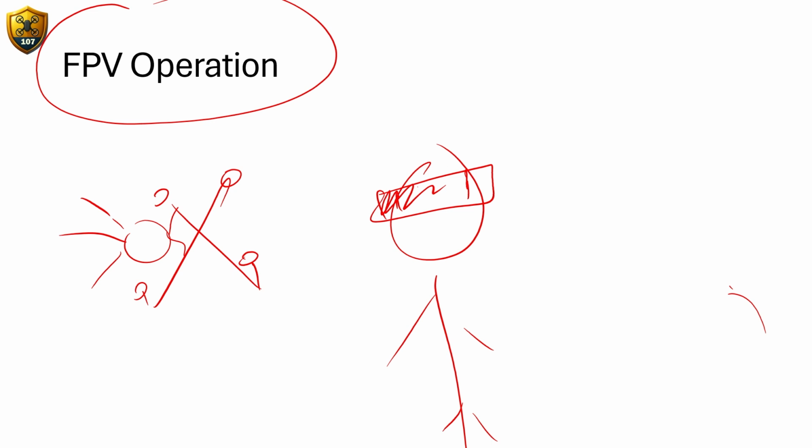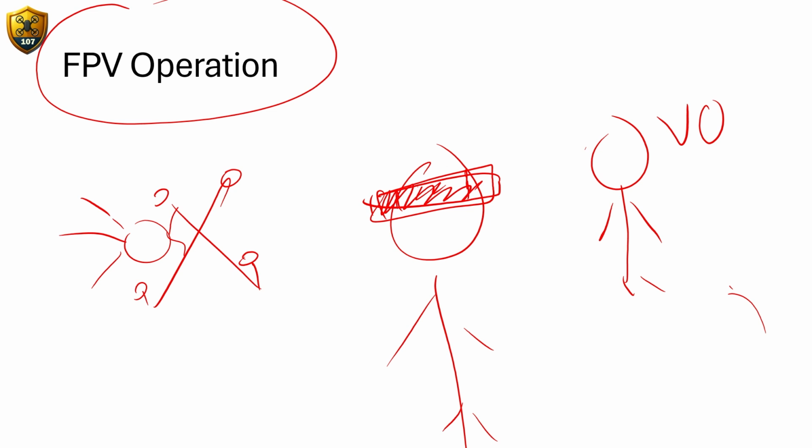If you want to do an FPV operation, you need a visual observer who maintains the line of sight for you, and who communicates directly with you about all the upcoming events and cues that allow you to properly handle the situation. The visual observer has his own duty: to maintain effective communication.